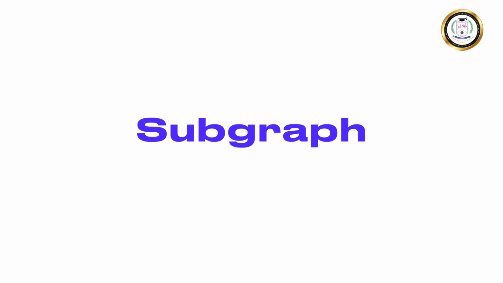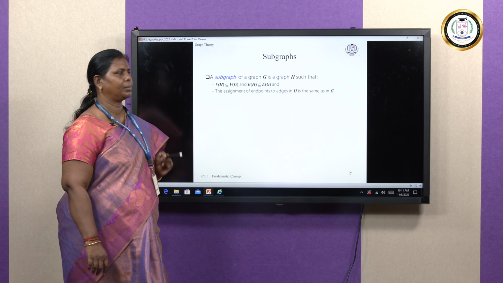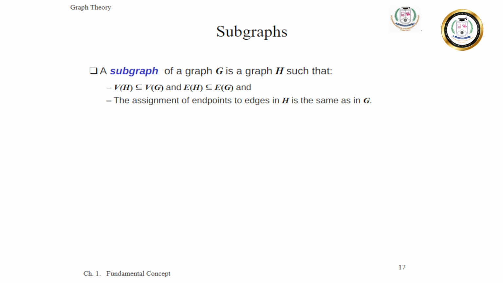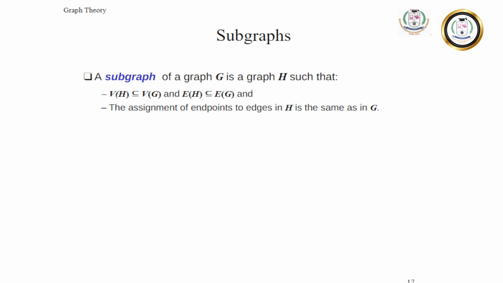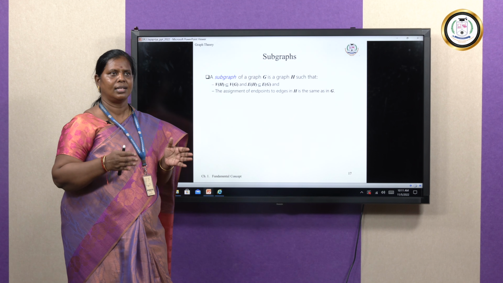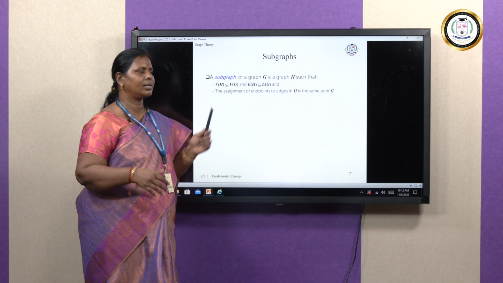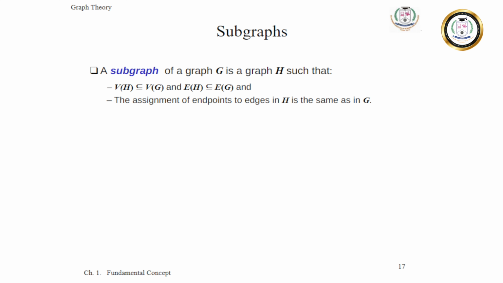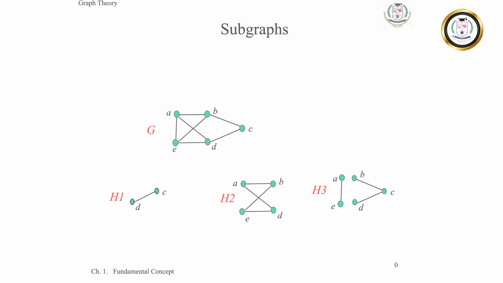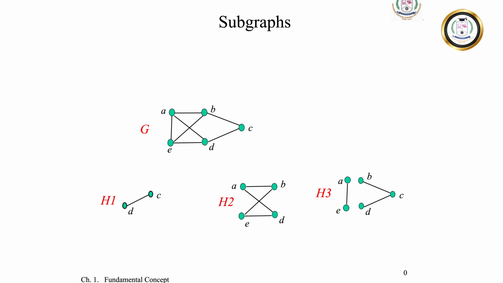So, let us now move to the meaning of a subgraph. Given a graph, how do we define a subgraph? A subgraph is a graph obtained by taking a subset of a given graph: we collect vertices and edges such that the vertex set of H will be contained in the vertex set of G, and the edge set of H will also be contained in the edge set of G. We will discuss an example here, to identify a subgraph.